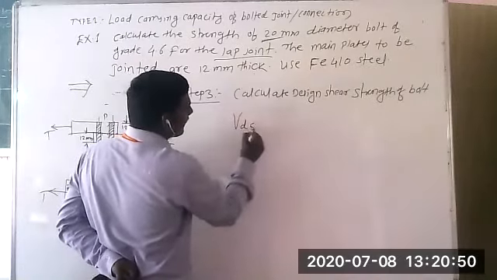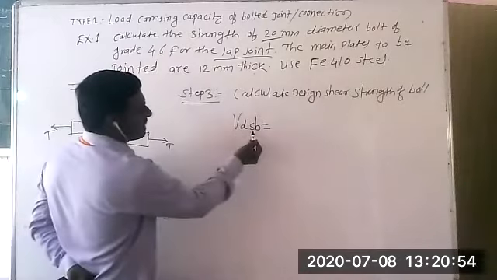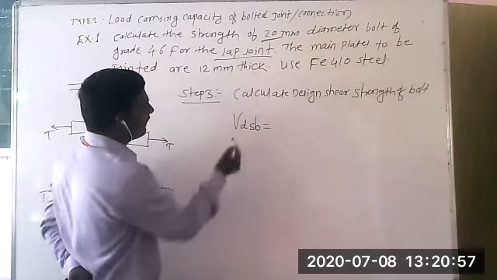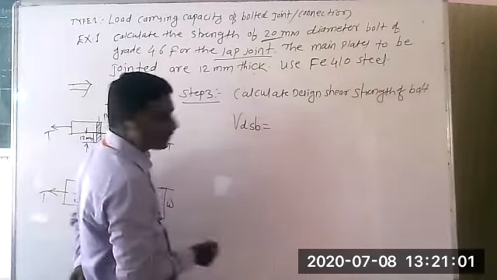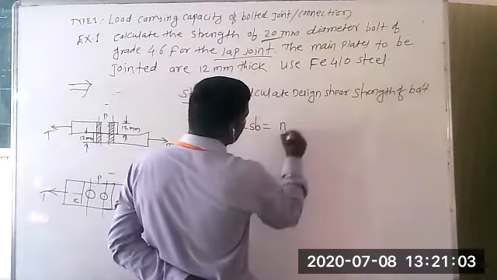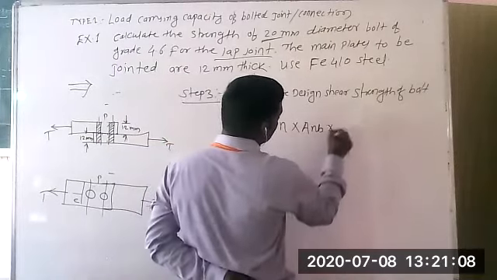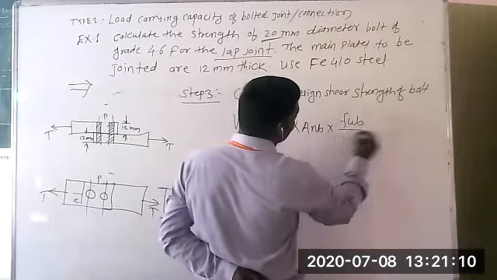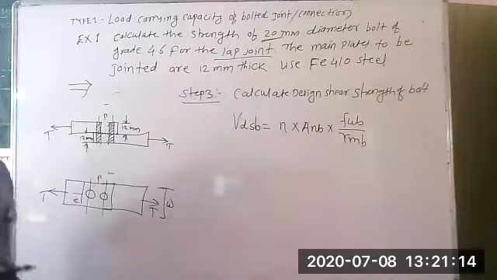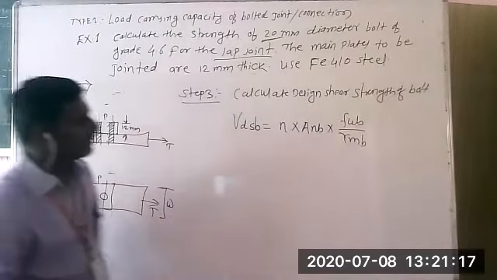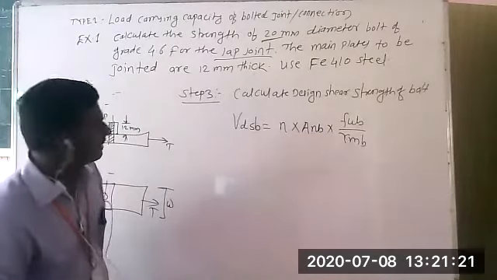VDSB is the design shear strength of the bolt. The formula is N into ANB into FUB divided by gamma MB. Are you getting? You can see the procedure in your notebook, whatever we have written in the last lecture.